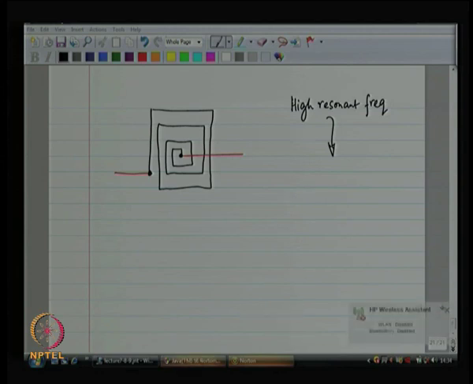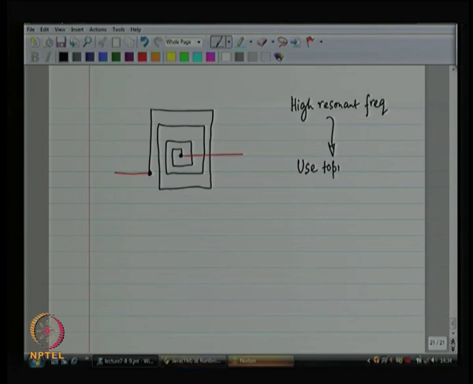If I use the topmost metal layer, then the parasitic to ground is going to be minimized. Okay, fine.